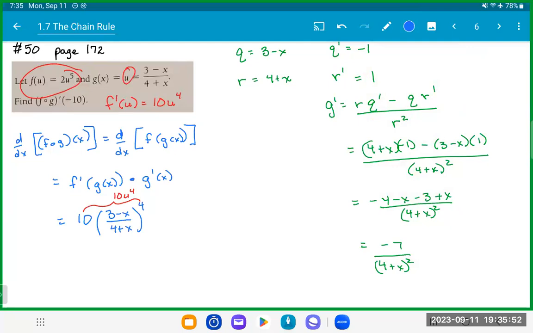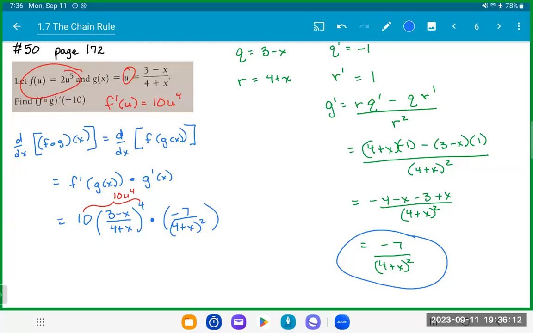And then we're multiplying by our g prime, which we calculated over here as -7 over (4 plus x) squared.